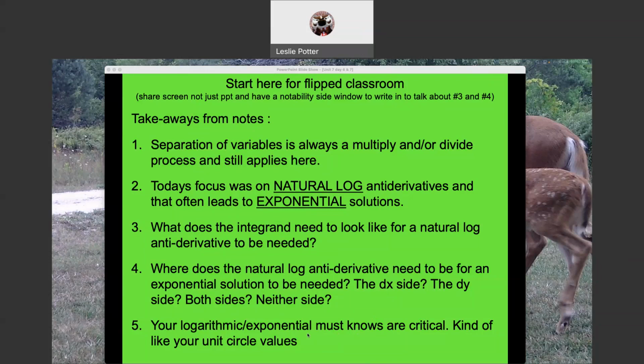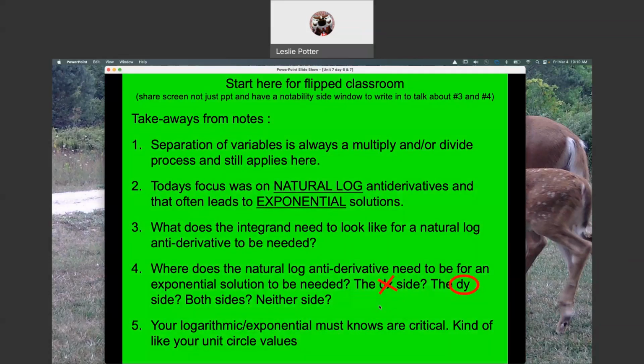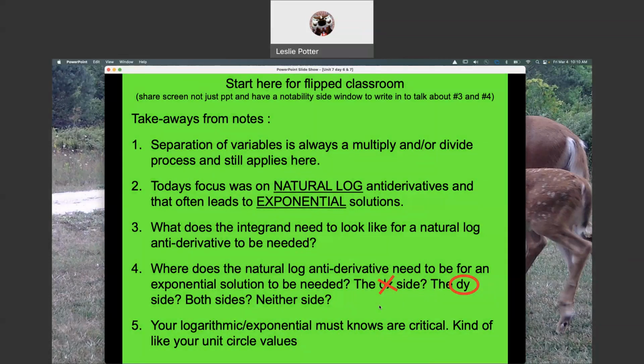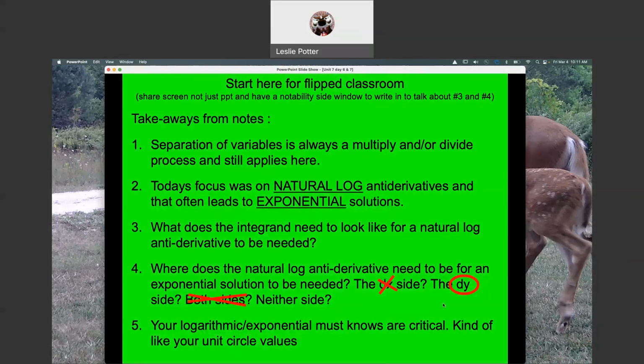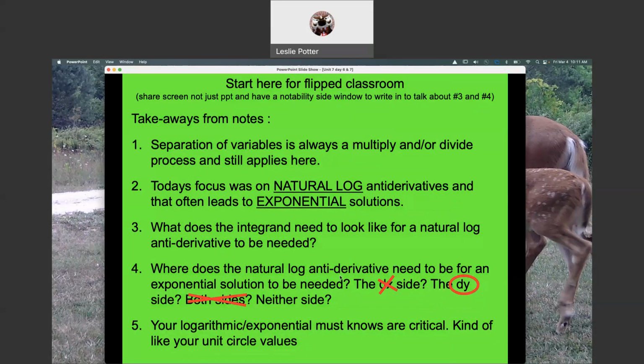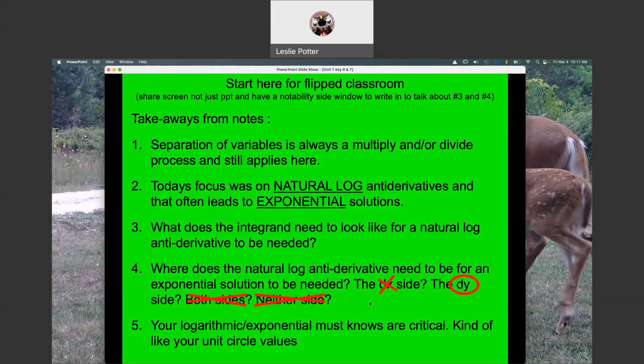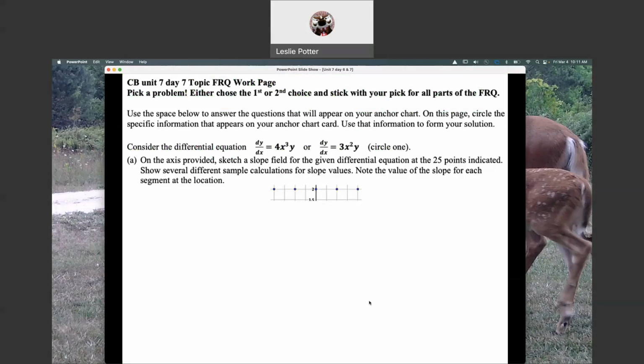It's kind of like unit circle values. Those are two important things. Okay. So natural log antiderivatives, right? We need a natural log on the dy side. We need a 1 over y on the dy side. If we had a natural log on both sides, we could actually just get rid of the natural log altogether.